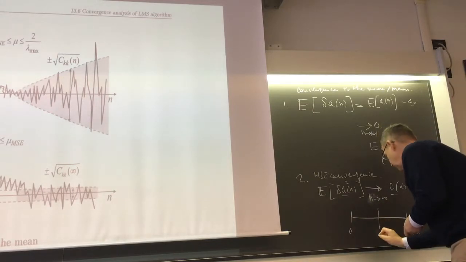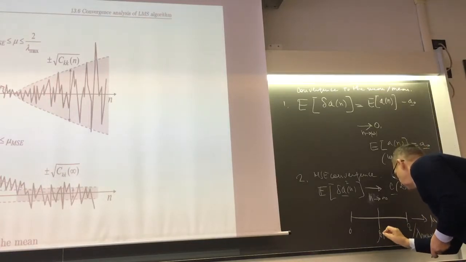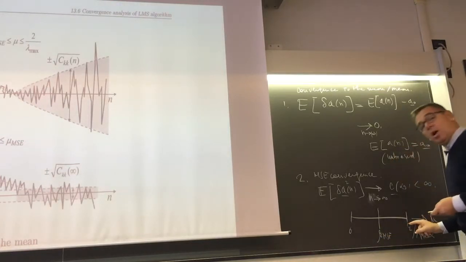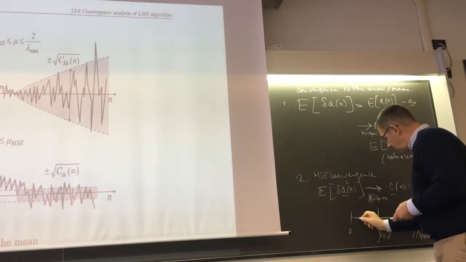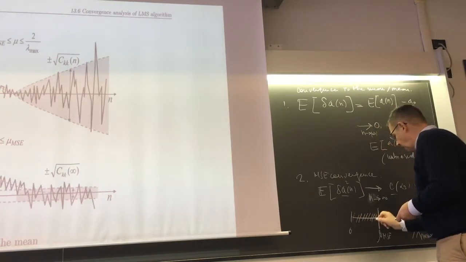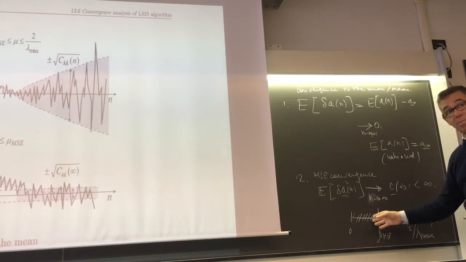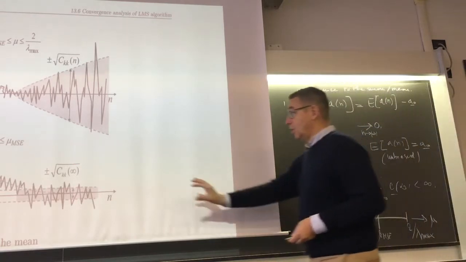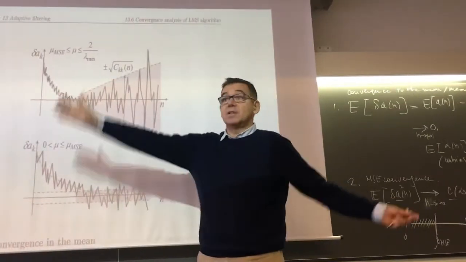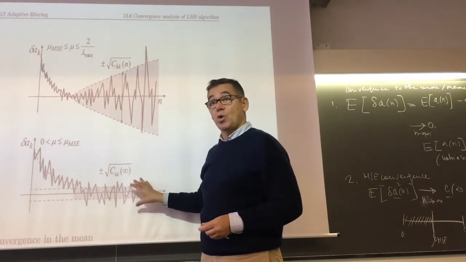We will find a certain coefficient, mu mean square, which is smaller than that, such that if you choose a mu lower than this, so if you stay in this range, the algorithm convergence is slower, but in this interval I guarantee the convergence in the mean square, which means I don't have amplitudes that are diverging. This is the operative condition where you want to have the algorithm.